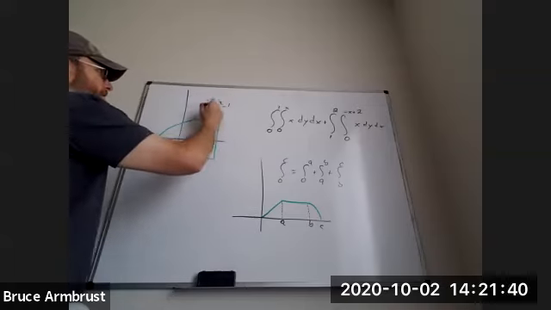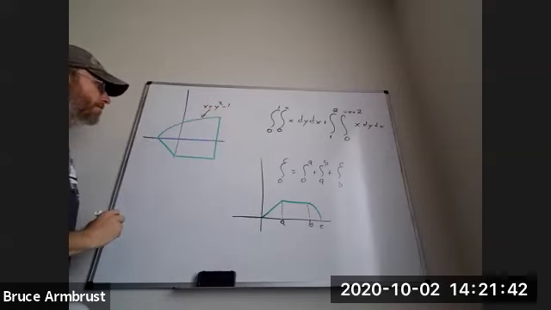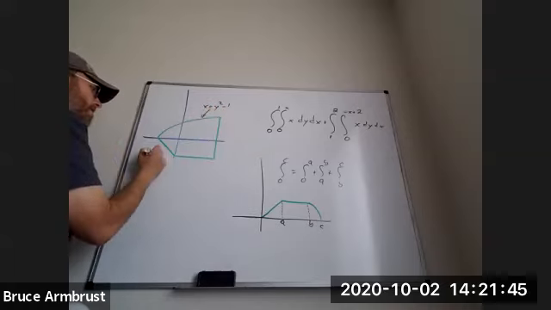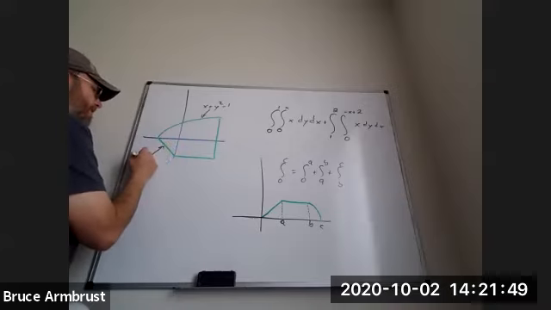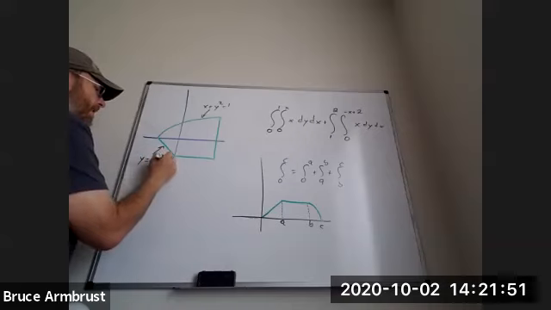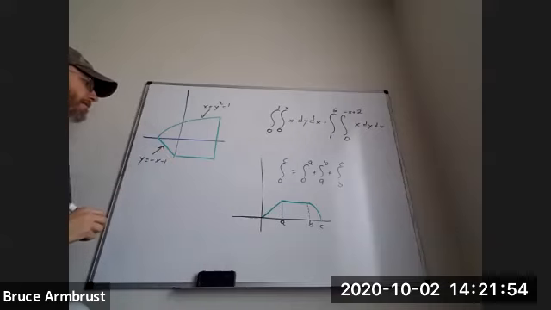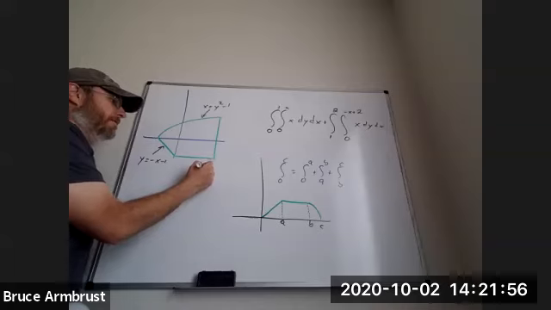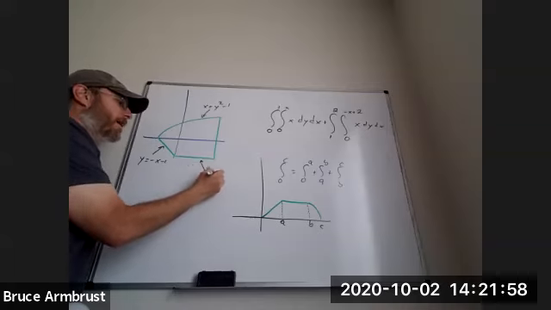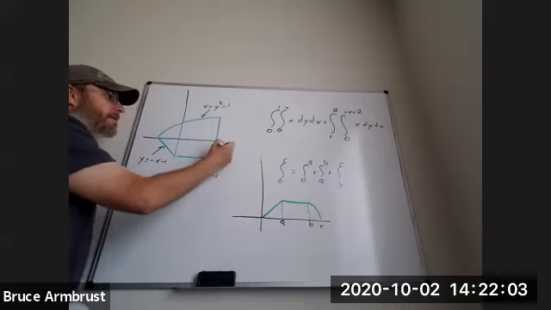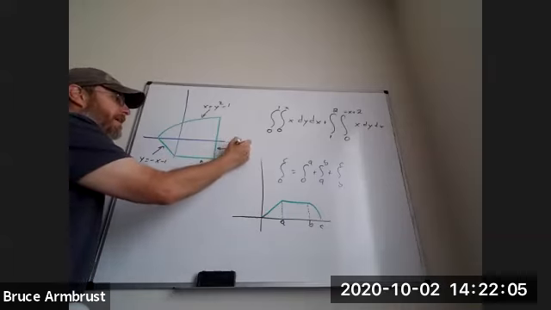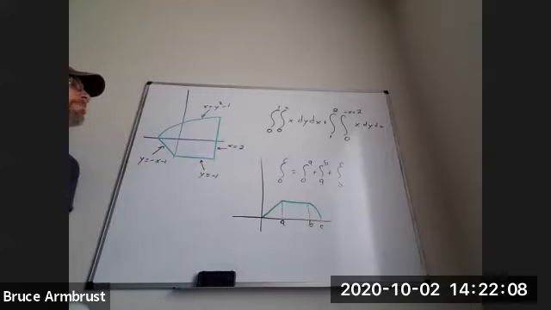So that's this guy. This one's a line, and it's just y equals negative x minus 1. So then you know that this is actually y equals minus 1, since that was the intercept of this thing. And let's just say that this one is x equals 2. So this is my region.